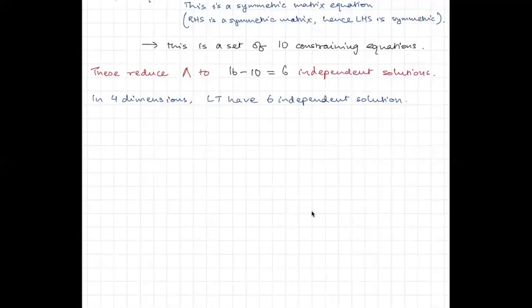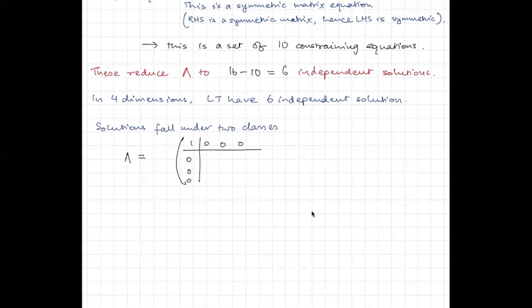So one of them is the following: lambda with the 0 component not playing a role, and here you have R.